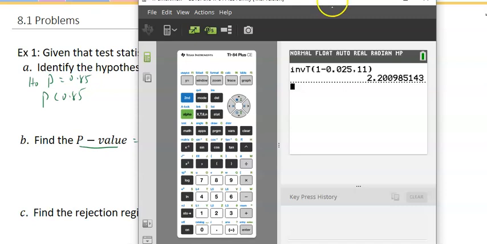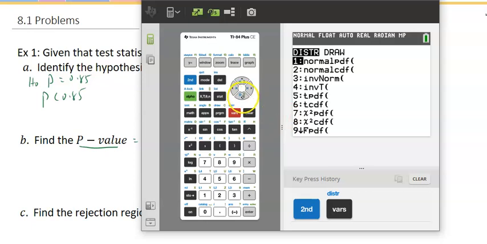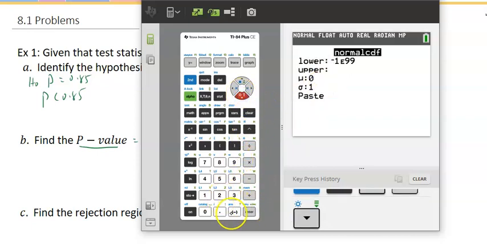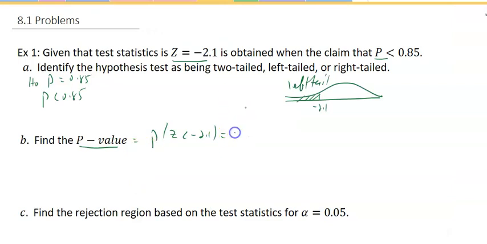And if it's a z-score, second distribution, I want to go for normal CDF, and I'm going to go from the left to negative 2.1. That's right, and find the probability, and here it is.